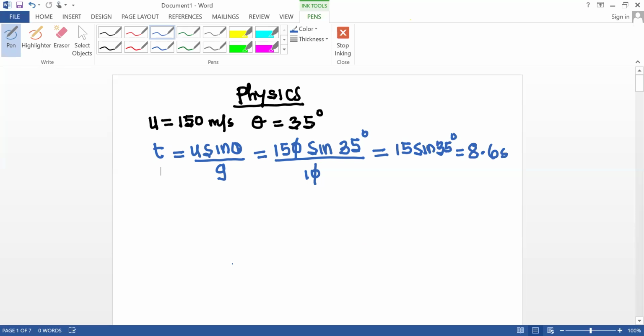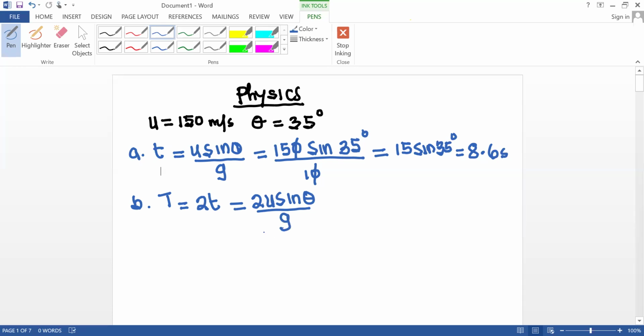Then the next question, B, the time of flight. So this is A. The B question is about the time of flight. Theoretically, time of flight is equal to 2 times the time taken to reach the maximum height, or this can also be expressed as 2u sine theta over g.